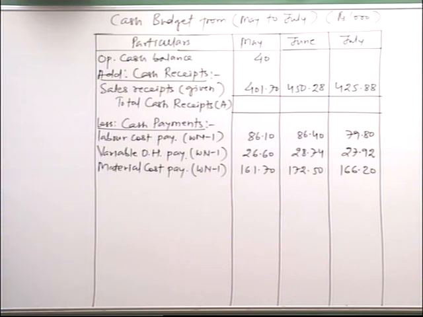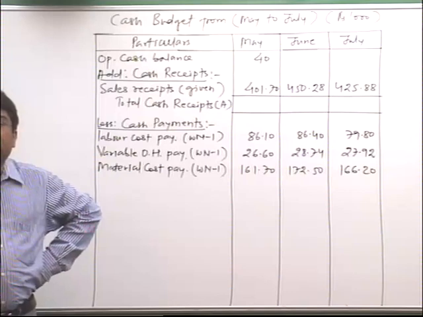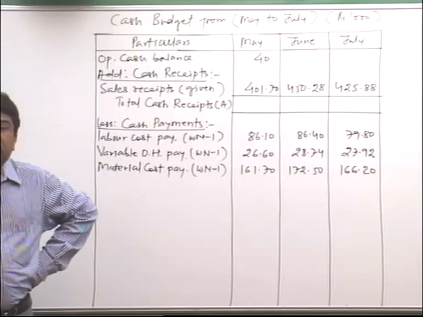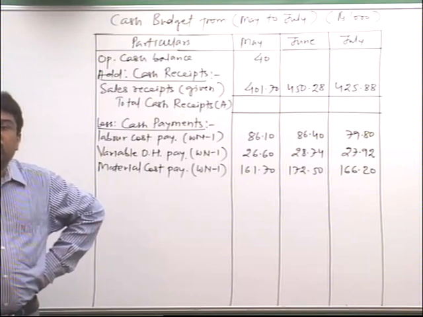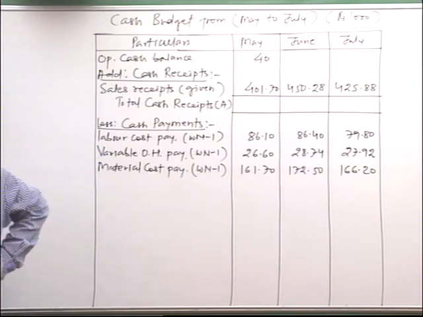The next payment is payment of fixed cost. Now the fixed cost per annum is 12 lakh rupees, but out of this 12 lakh rupees, 3 lakh rupees is depreciation, which is a non-cash cost. So the cash cost per annum is 9 lakh rupees, and this fixed cost is spent evenly throughout the year. So per month fixed cost will be 9 lakhs upon 12, that is 75,000 per month.